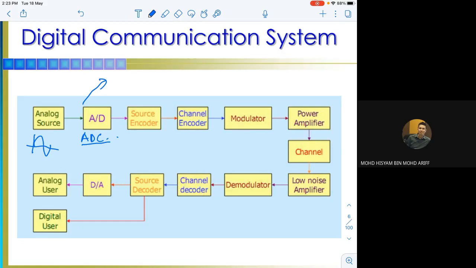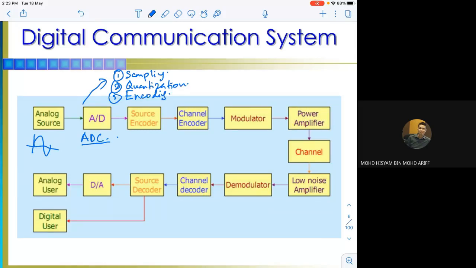The first one is sampling, then quantization, and then encoding.